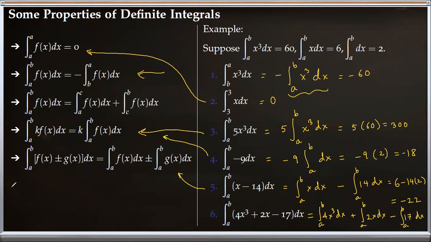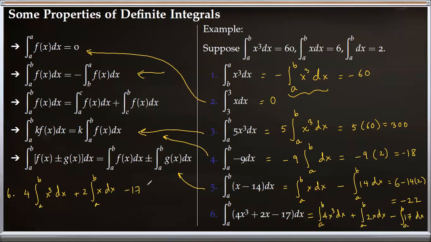And then I'm going to write over here so that I have more space. And then we can write each of these three integrals in the form we are given. So the first one, I can say this is 4 times integral from a to b of x cubed dx, plus the second one is 2 times integral of x from a to b.